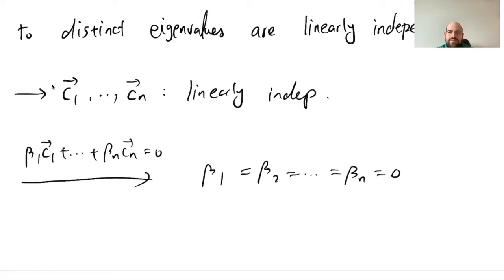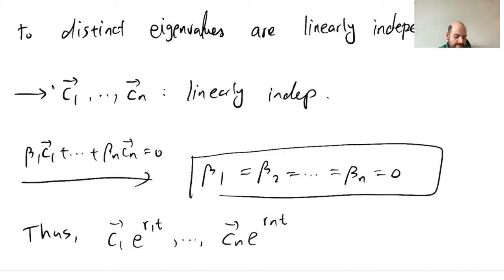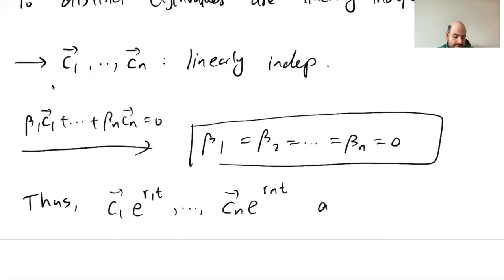Each beta i has to be 0. And that means our solutions, which were C1 e to power r1t all the way to Cn e to power rnt, are linearly independent.